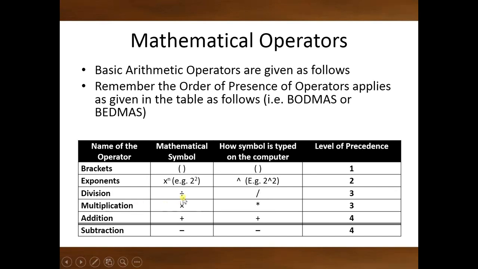But if division and addition both appear in the formula, irrespective of whether addition or division appears first, whatever values appear around the division will be computed before those of the addition.